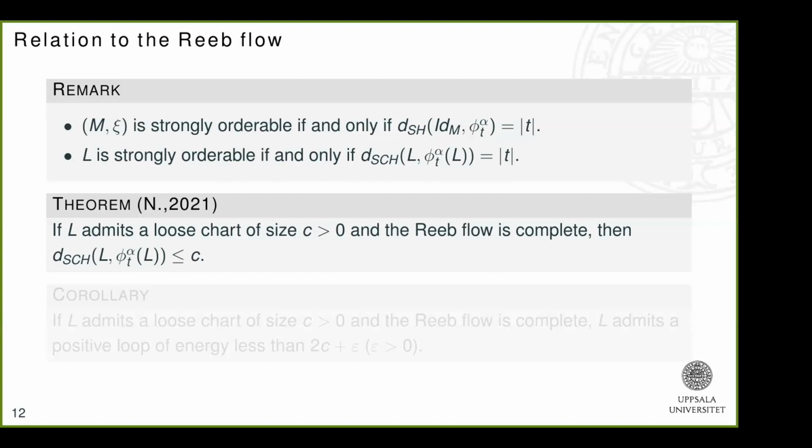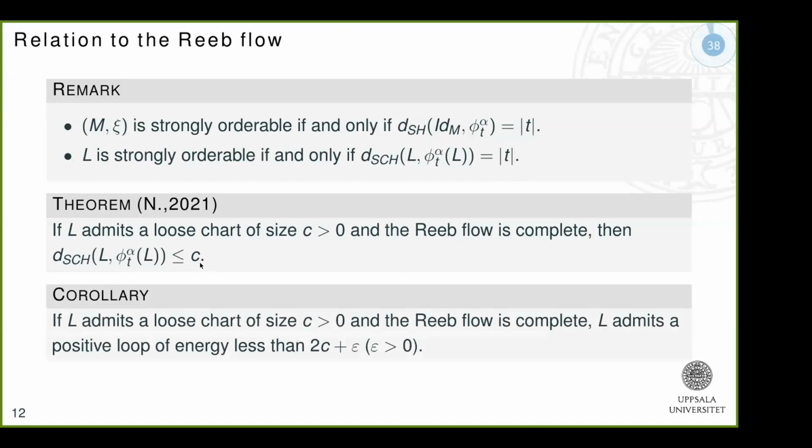And thereby we also have a positive loop of contactomorphisms by going through it backwards. And because we have this explicit construction and this explicit upper bound, one can get an explicit upper bound for the energy of a positive loop. Namely, if we have a loose Legendrian with a loose chart of size c and the Reeb flow is complete, then we can find a positive loop whose energy is bounded from above by 2c plus epsilon for any positive number epsilon.